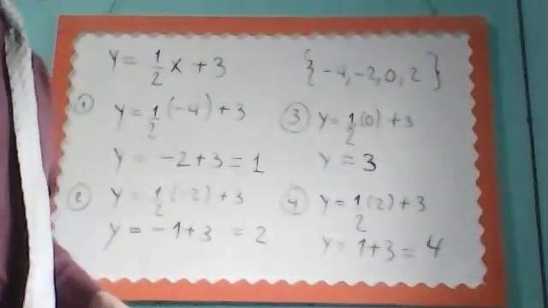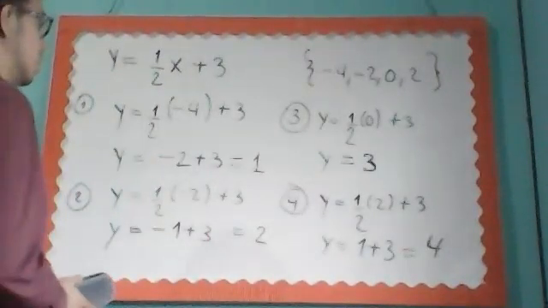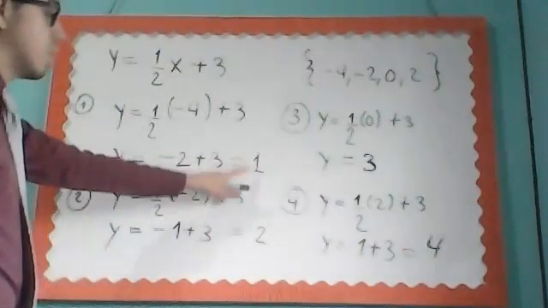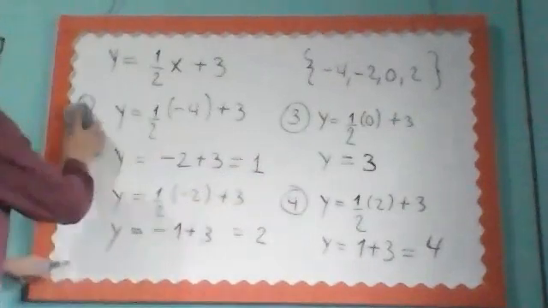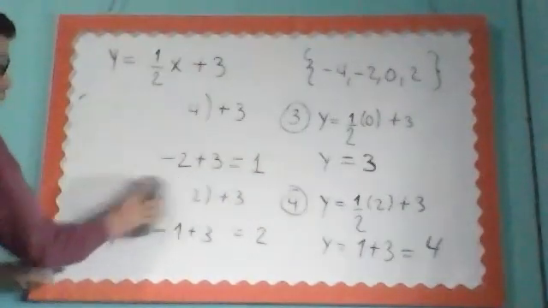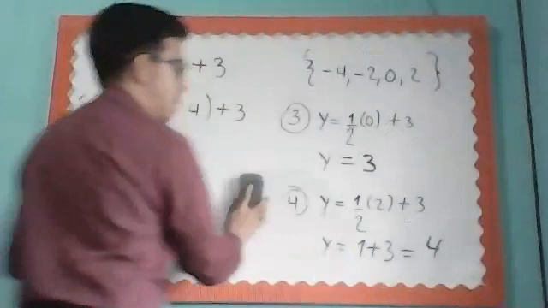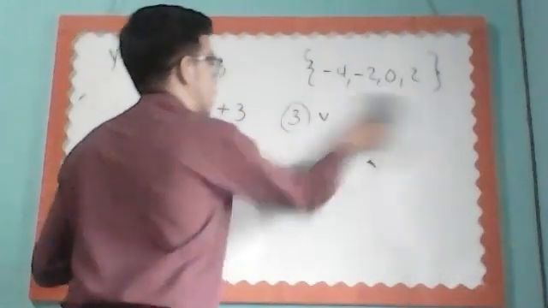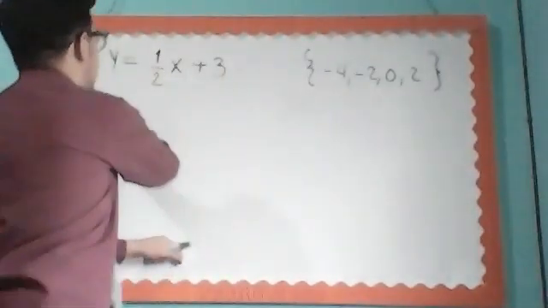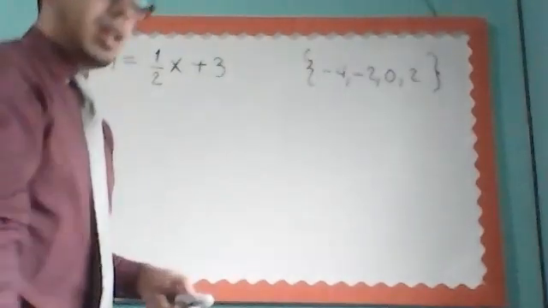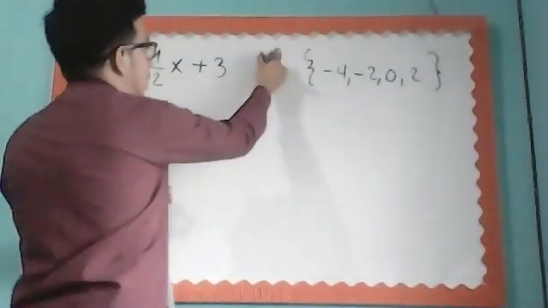So I'm going to write this in a chart. For the y, we start 1, 2, 3, 4. I'm going to erase this and write it on the chart like in the example. This is the domain and we have the range now.